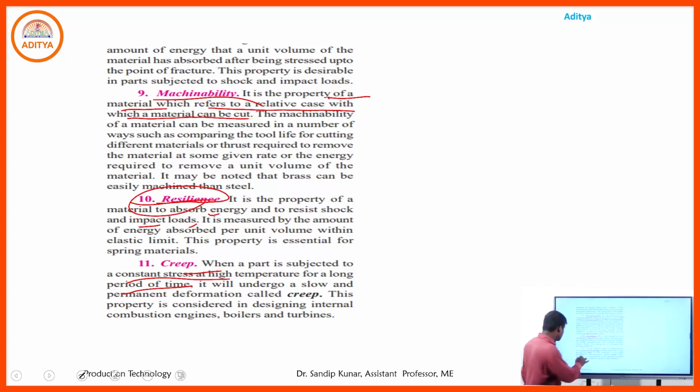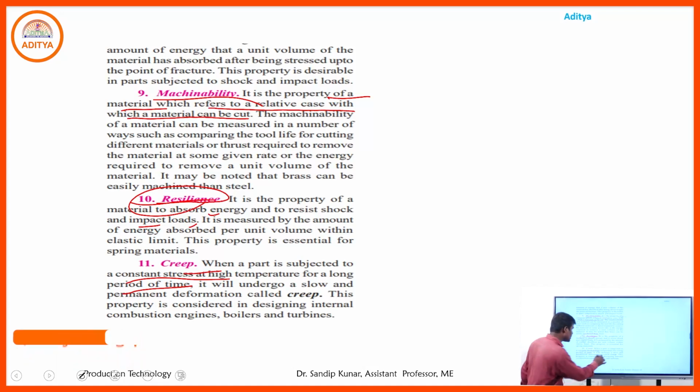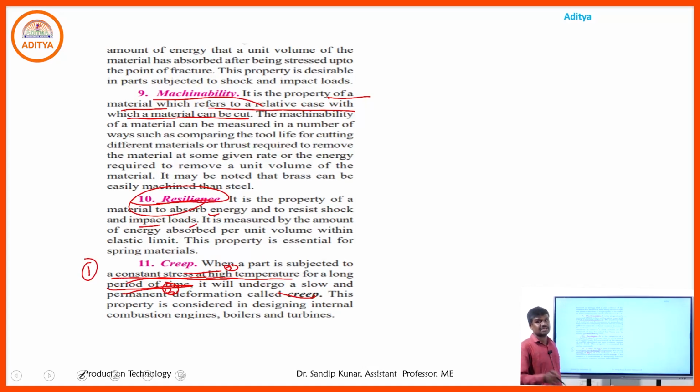Third, a long period of time. Three conditions are required in the case of creep, and due to these three, slow and permanent deformation takes place in the material. That is called creep.